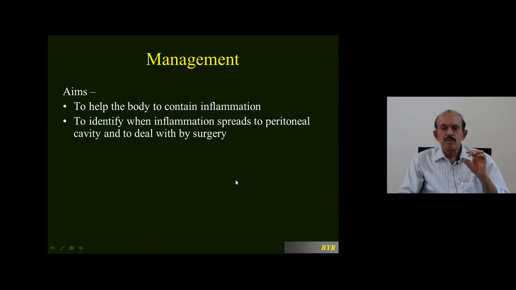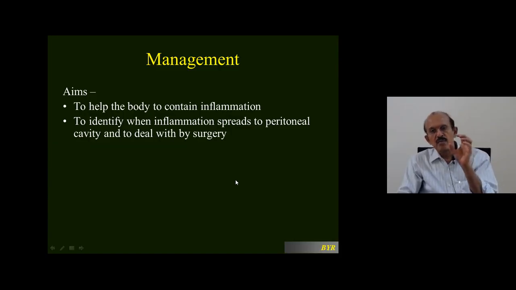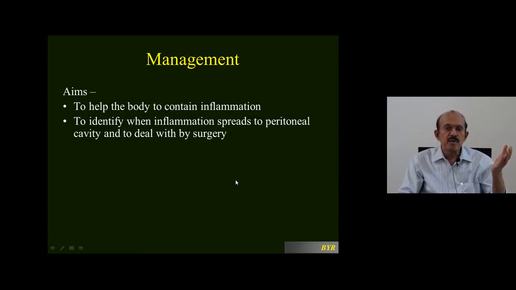So don't be under the impression that the body will always be successful to contain the infection. Sometimes the appendicular inflammation may supersede the body defenses. So there is a mass, but appendicitis is still progressing inside. It is not resolving. Then what happens? The inflammation will spread to the rest of the peritoneal cavity.